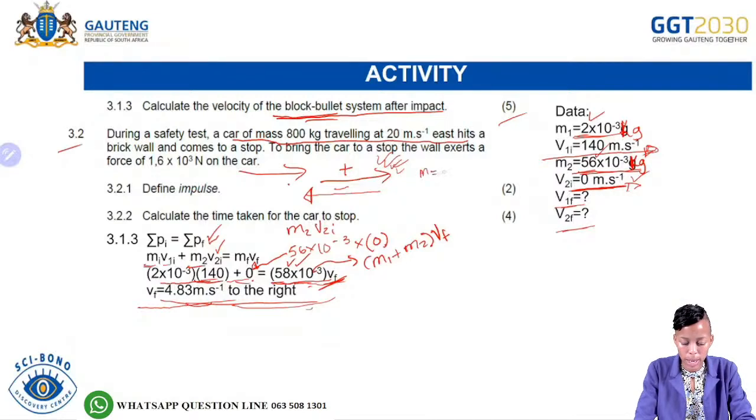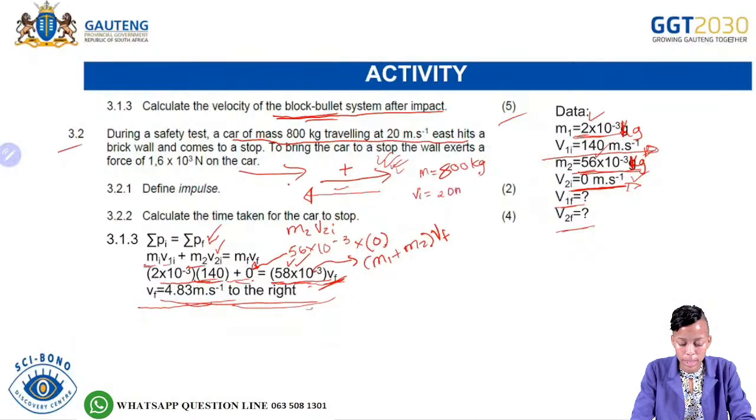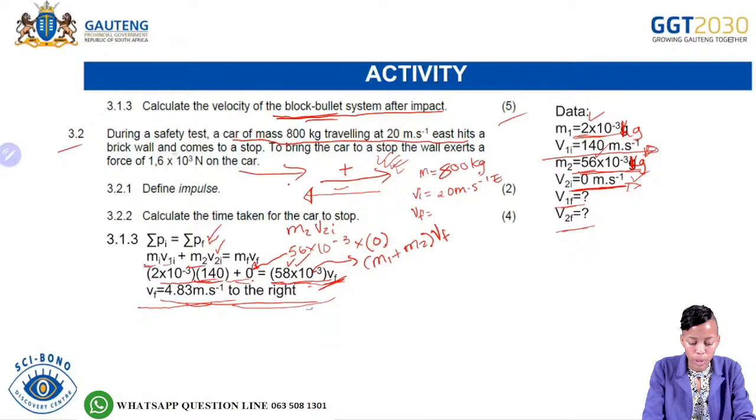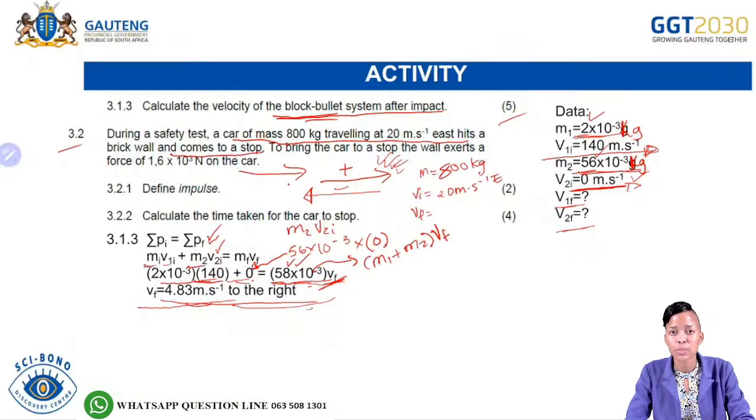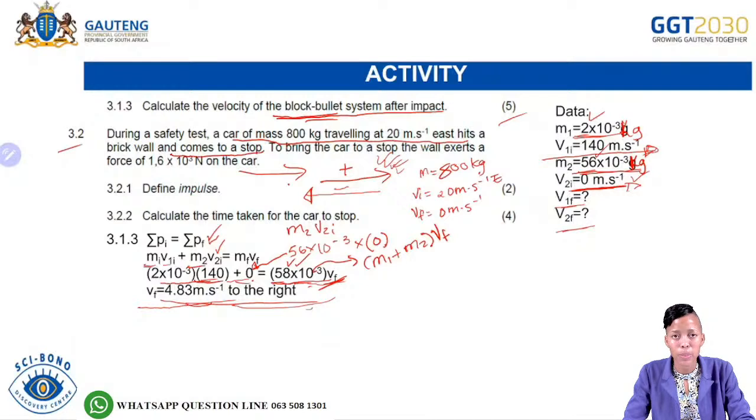We have a mass of 800 kilograms, and traveling at 20 meters per second represents our initial velocity, in the east direction. If it comes to a stop, that is a key phrase: it means the final velocity is 0 meters per second.